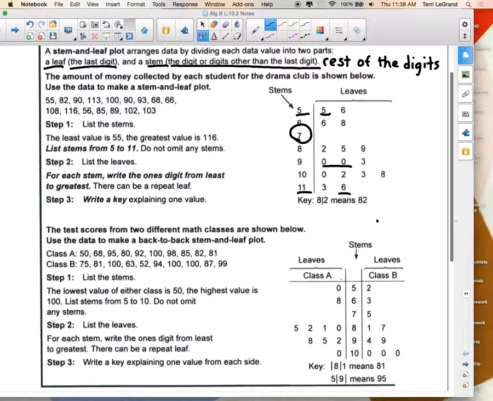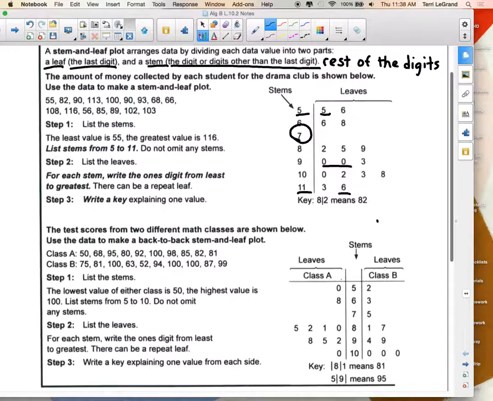Okay? How many data values? I don't want you looking over here. I don't want you doing anything with that. I want you to tell me, looking at the stem and leaf plot, how many data values, how many students are represented in that stem and leaf plot? How many? What do you have to do to figure it out?